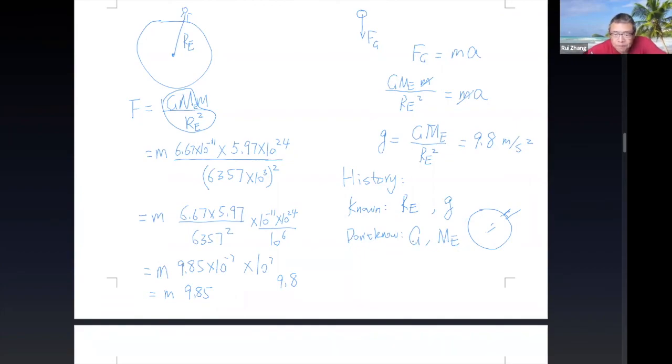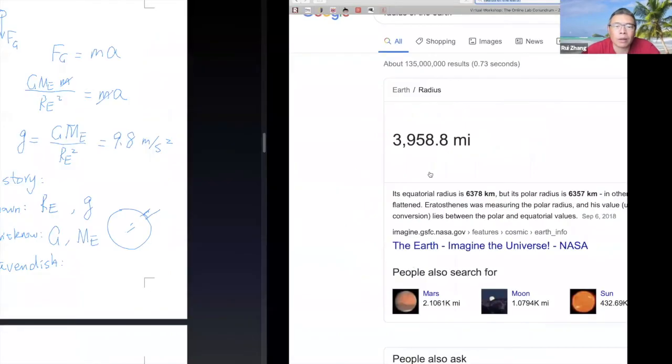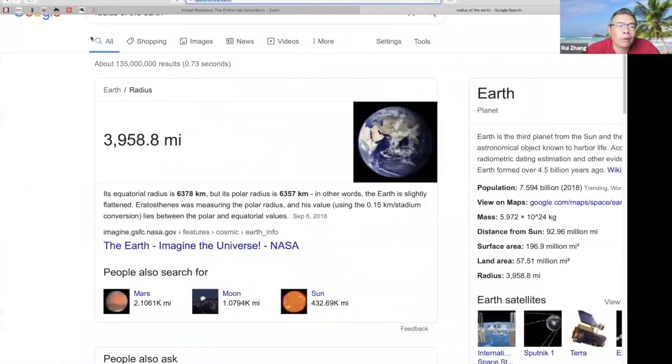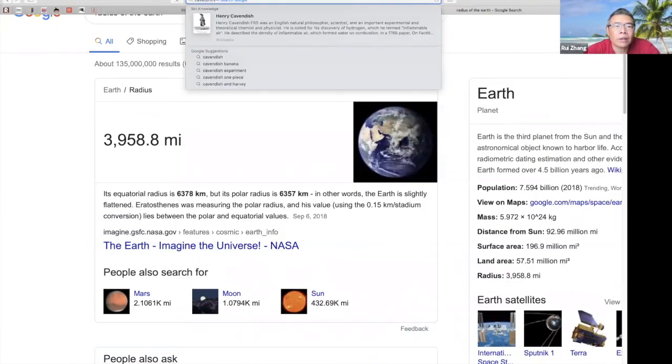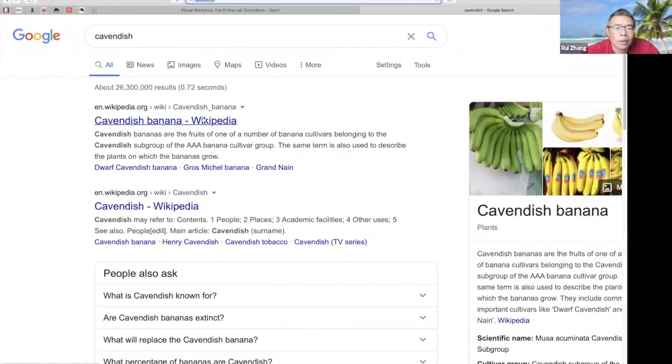So what happened in the history is that there was a guy after Newton. His name is Cavendish. I hope I got his name spelled right. Let me Google it. Okay, pretty much right.